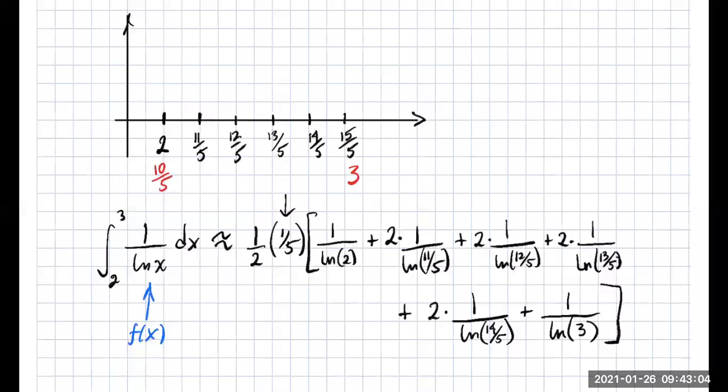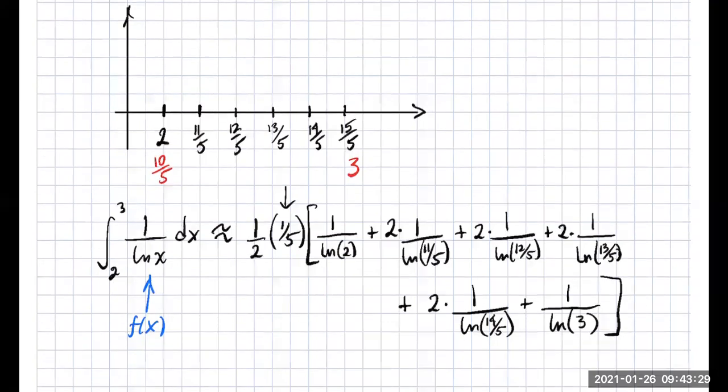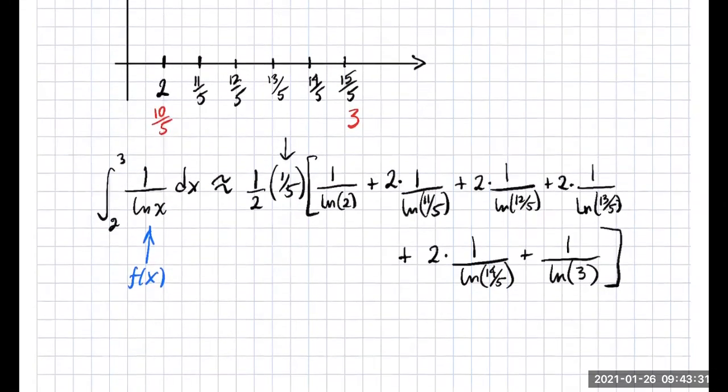The next thing we'll do is input this into a calculator, and I'm going to do that right now. That took a little while to type all that in.